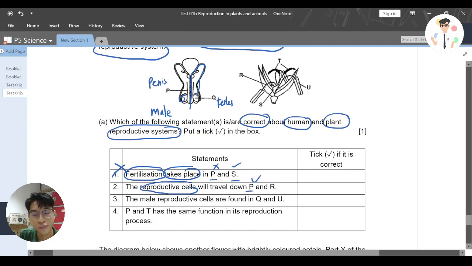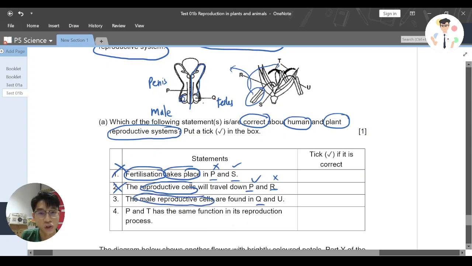Then what is R? R is the filament, right? Travel down to the filament? Seems like not right. Why? Because this one produces, this one stores. And you just go right, or either go to another plant. So it doesn't go down to R. So let's just put a cross here. This is wrong.